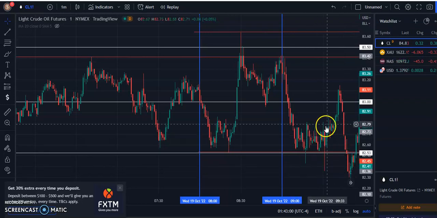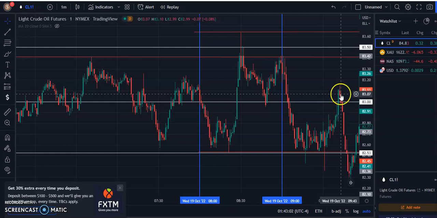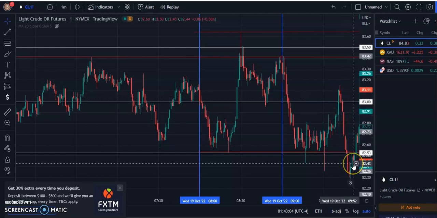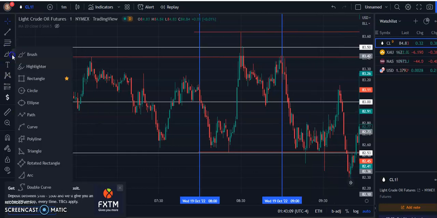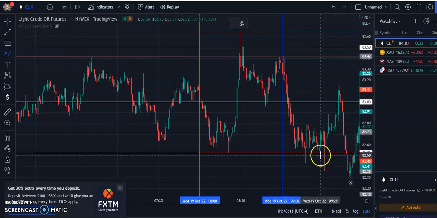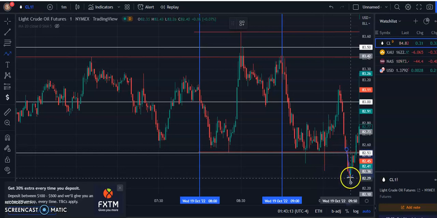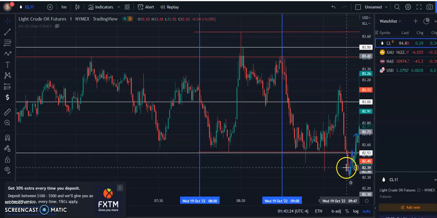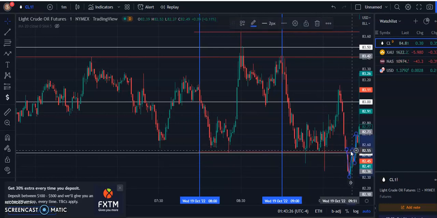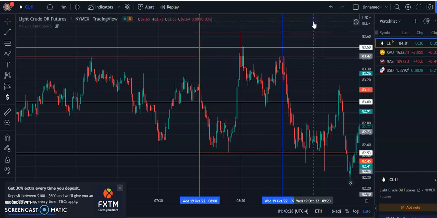Now, as you can see, the market went up 25 pips, then came back and then gave us a W, and break of structure. So this is the W pattern at the low of the session.